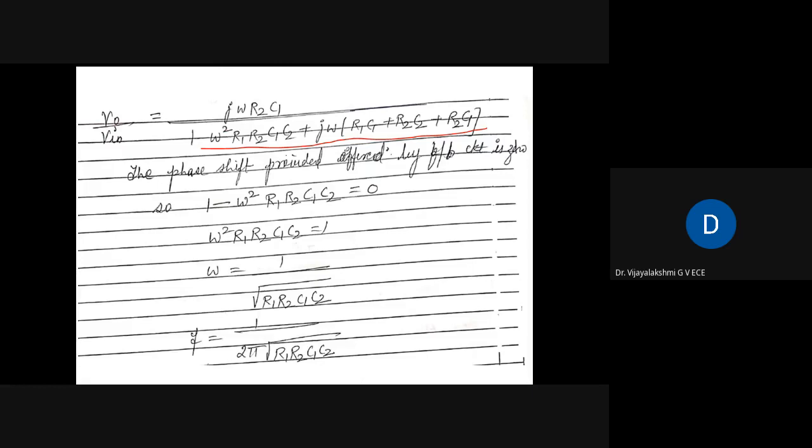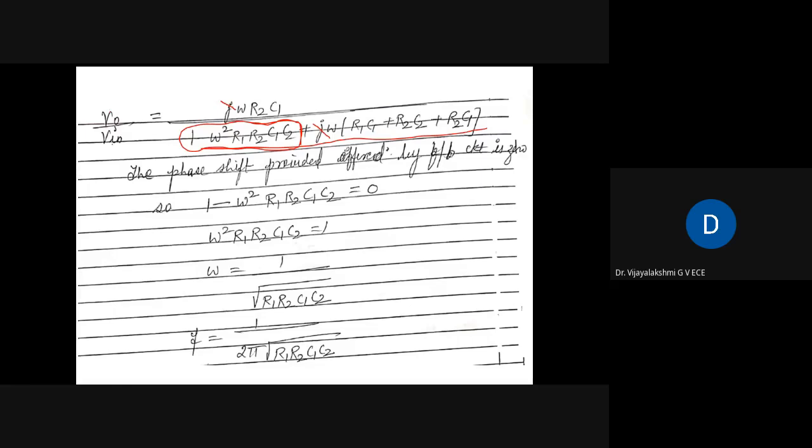Since this is not introducing any phase shift, the j element should vanish. Now in this equation, if the j element should vanish, this term which I have circled has to become 0. Then the j and j will get cancelled, and in the expression for the feedback, that is V naught by V in, I have only the real terms.